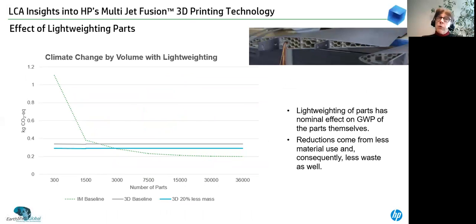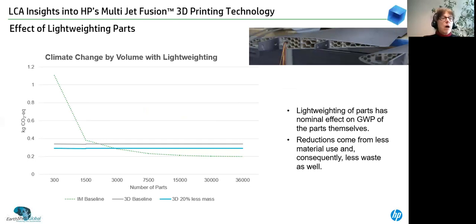Now, the next thing we looked at is the capability of 3D printing to lightweight. The parts that we were looking at could be lightweighted by as much as 20%. That's what the automotive engineers that we worked with said.